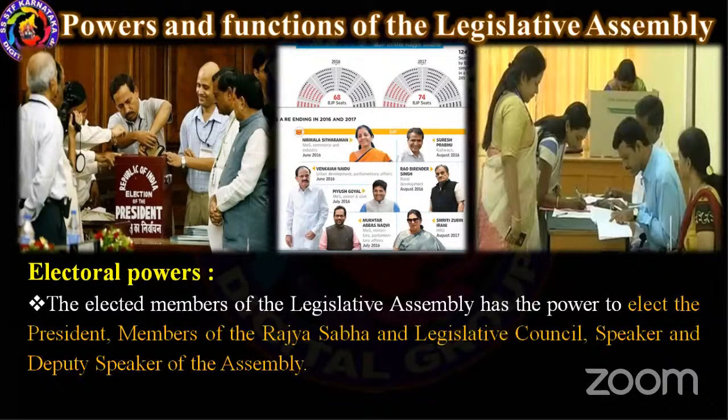He will participate in the election of the president, members of the Rajya Sabha, the legislative council, the vice president, and the speaker and deputy speaker here. In all these elections, the MLA will take part.